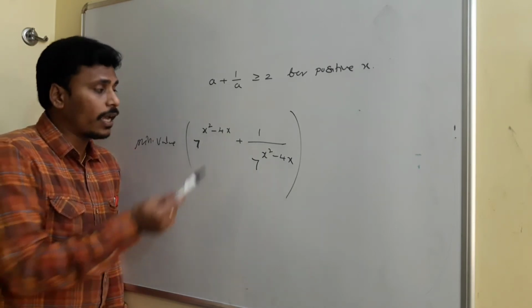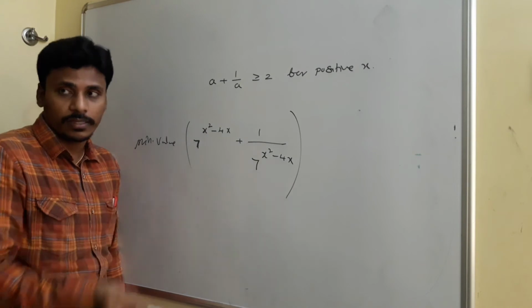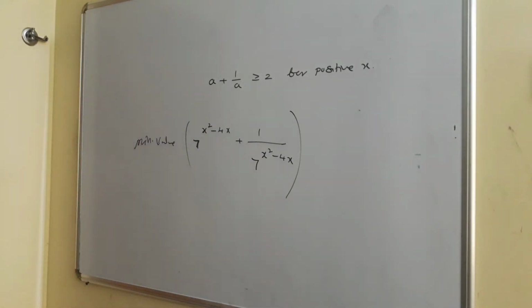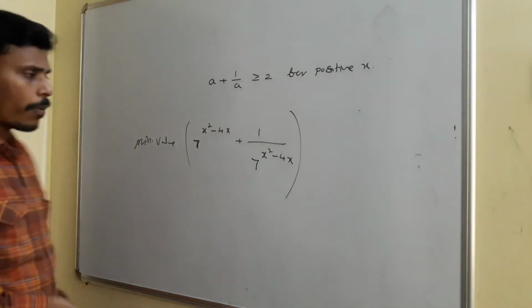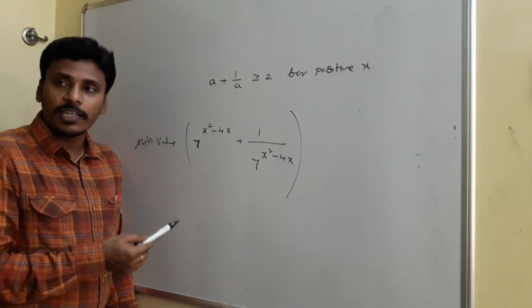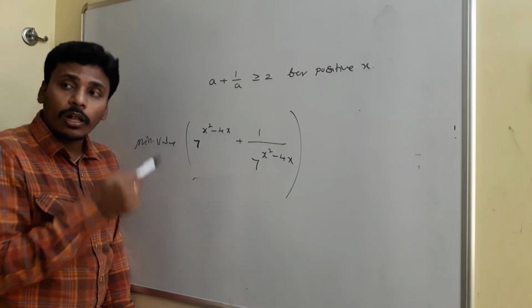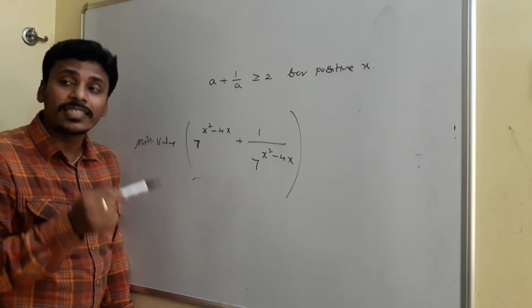One person will take 1 in the place of x and he will get one result. One person will take 2 in the place of x and his result is somewhat different. One will take x as 3, one will take x as 4, one will take x as a fraction. No problem, right? So in all the cases you will get different answers for this expression. Among all those answers, which one is the minimum?